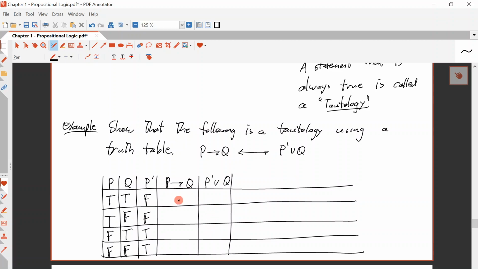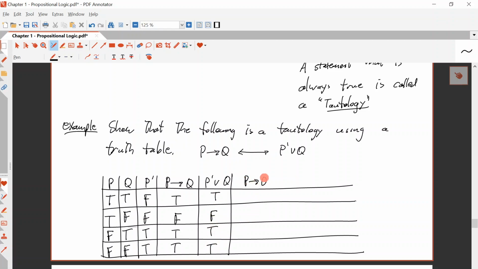The only time P implies Q is false is when the hypothesis P is true and the conclusion Q is false. So in row 2 it's false, and it's true everywhere else. The only time not P or Q is false is when both not P and Q are false. So that happens in row 2. So that's false here and true everywhere else.